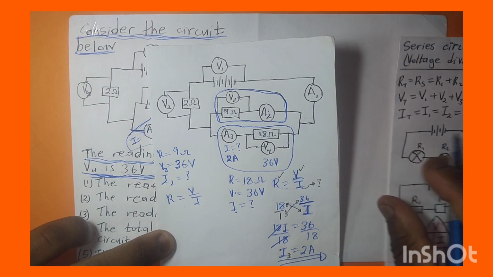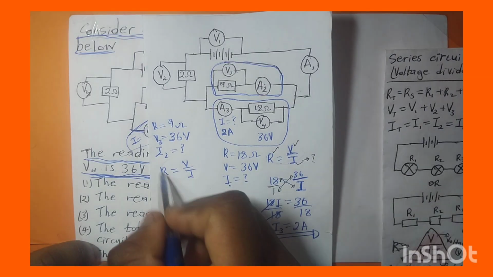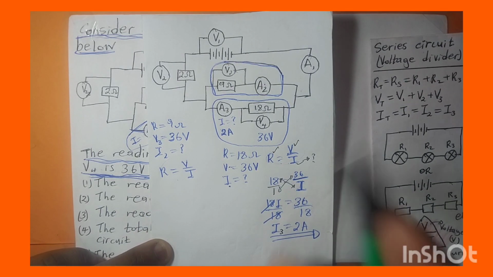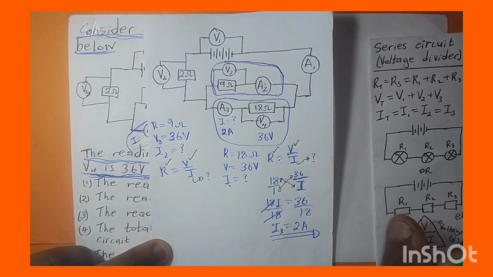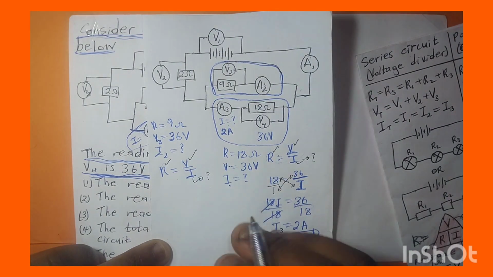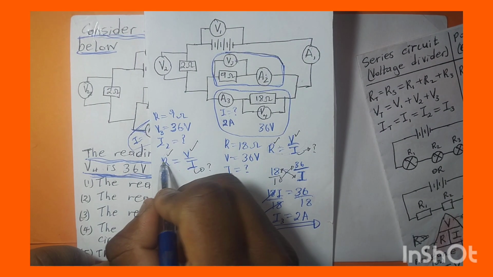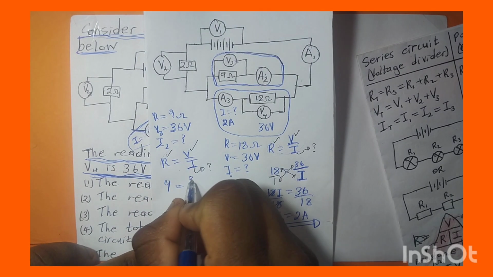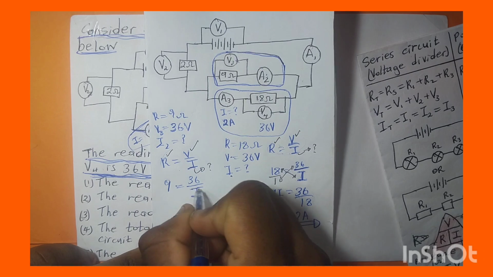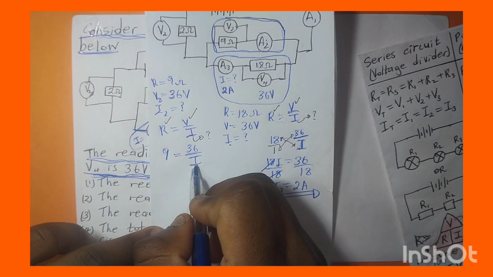So now you have a chance to apply Ohm's equation, whereby you have the resistor and the voltage, and you are looking for the current. Then you can substitute. Your resistor is 9, then your voltage is 36, which is I. Then now you have to solve for I.